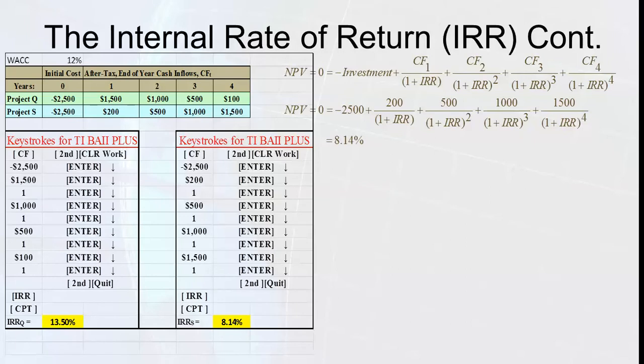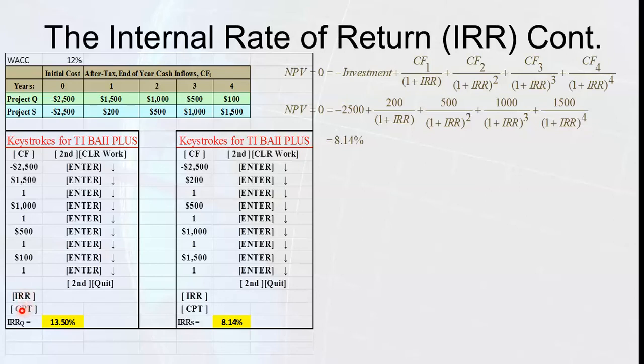Now let's use the same example. We have project Q and project S, and let's enter the numbers. You're going to use the cash flow worksheet and enter the numbers. Once you put all the numbers there, quit the cash flow worksheet, press IRR and just follow the screen.